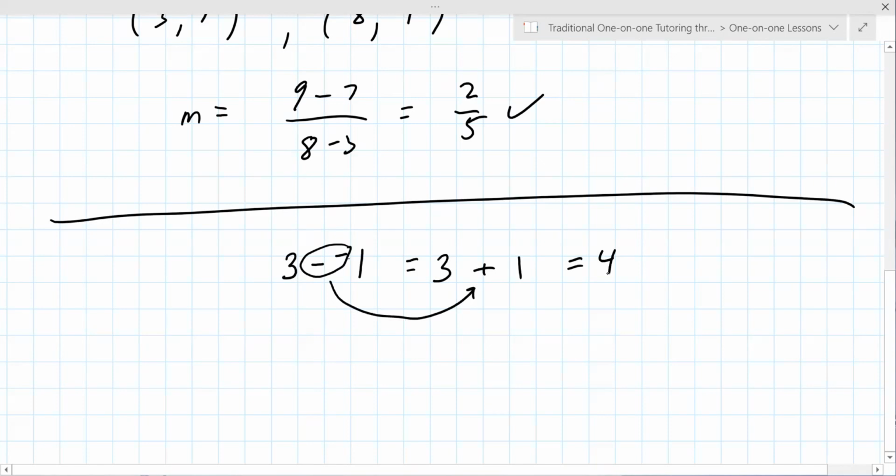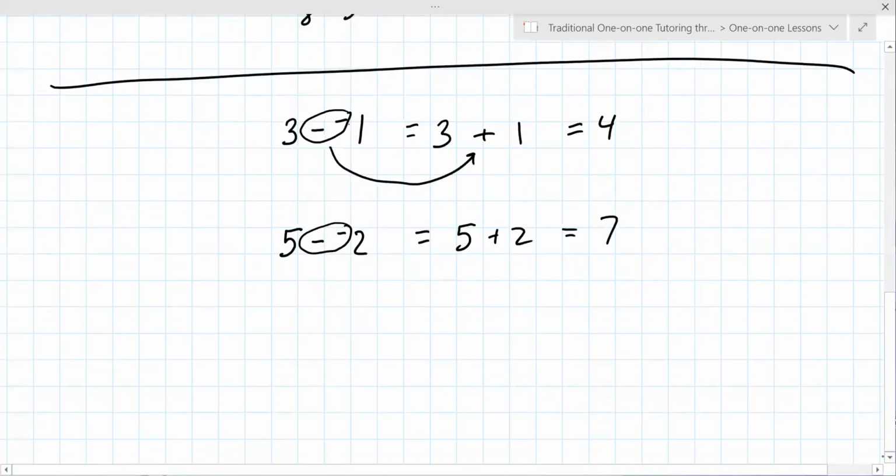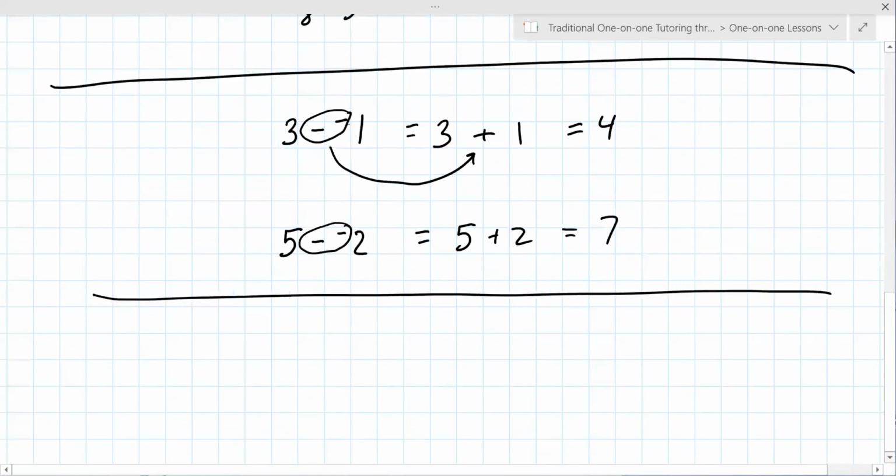What about 5 minus negative 2? What do the two negatives become? You have to add. It becomes 5 plus 2, which is 7. Good. Keep that in mind as we do this next one.